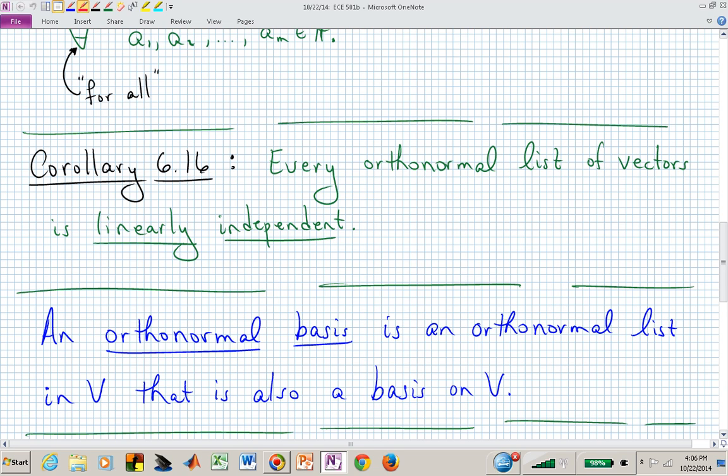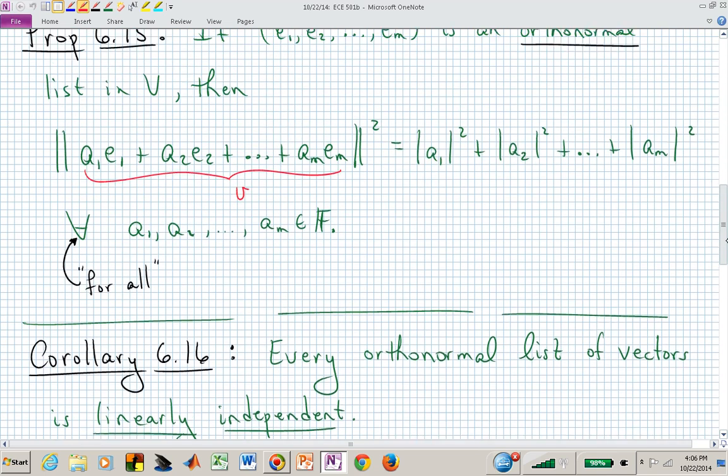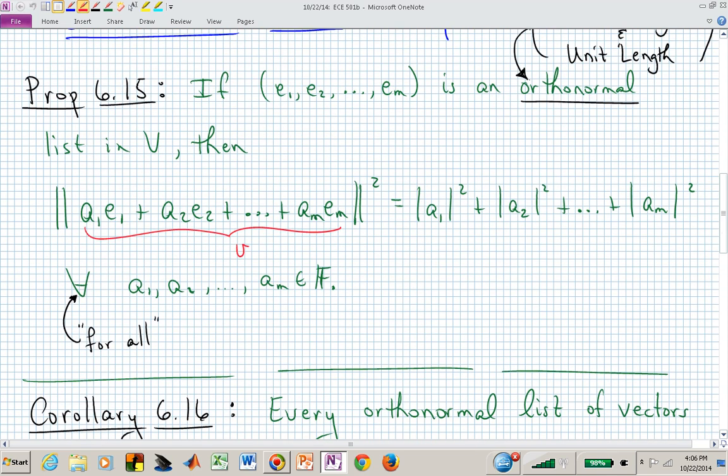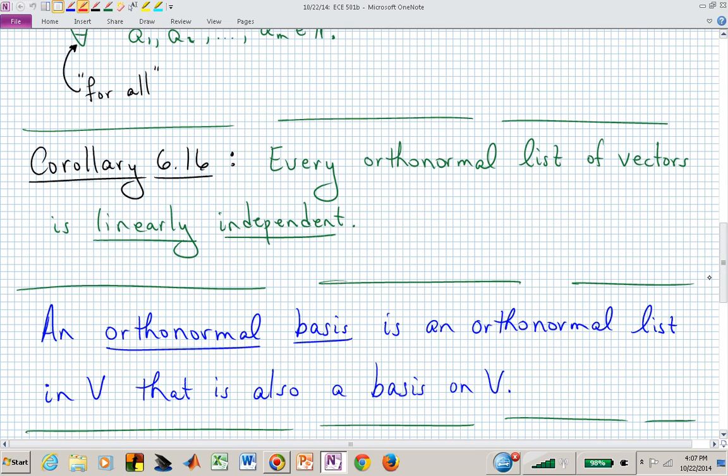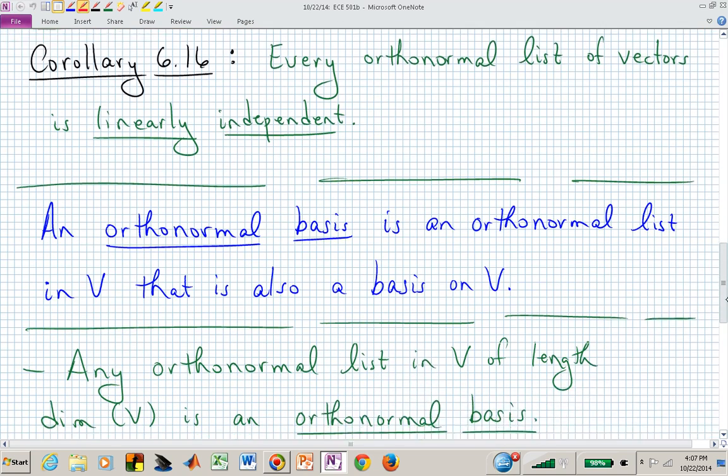It just won't have some of these nice properties that an orthonormal list has, just because we haven't scaled the vectors in the list. But a basis now just means that we are able to span the entire vector space with these orthonormal vectors to have an orthonormal basis.